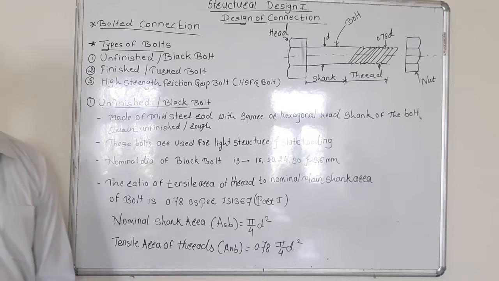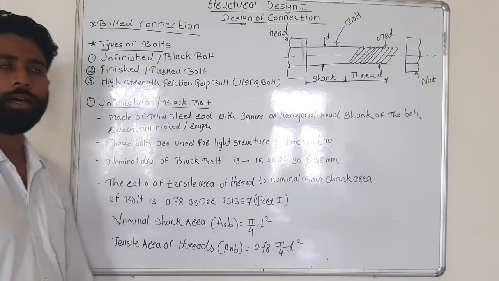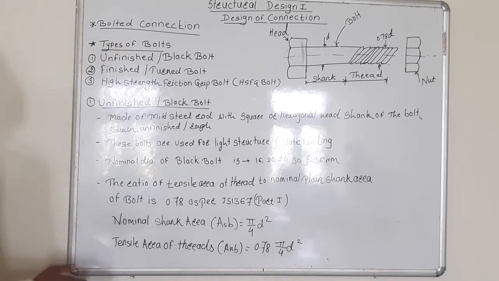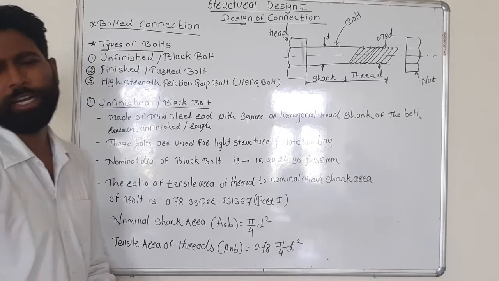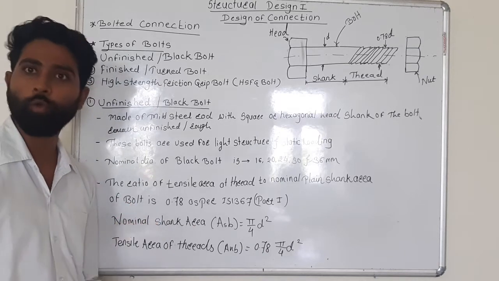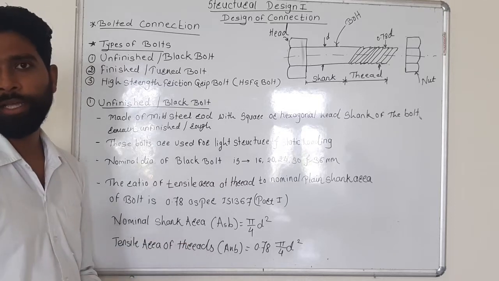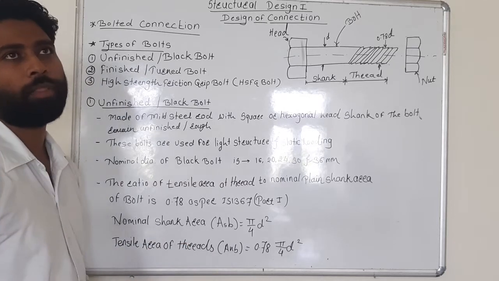The next type of connection is the bolted connection. So students, we are heading towards the bolted connection. Bolted connection is the one kind of connection which is widely used. You all might know about the bolt.